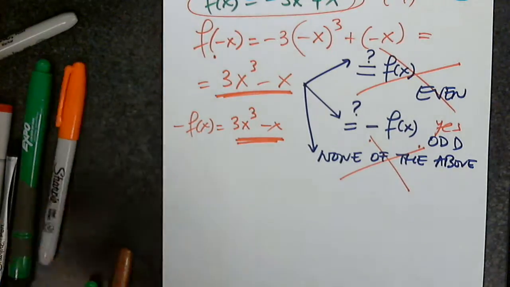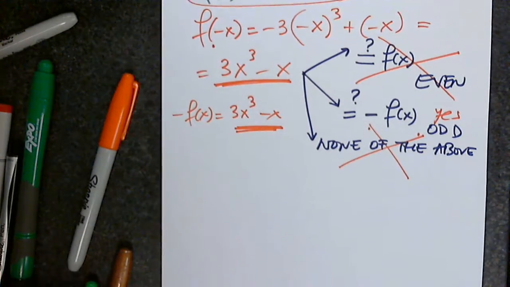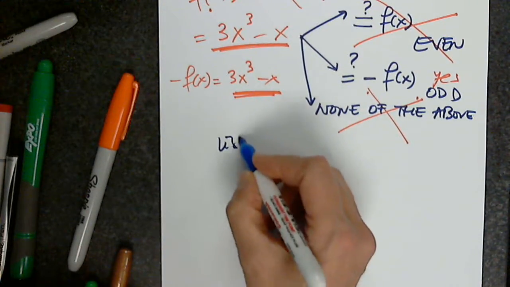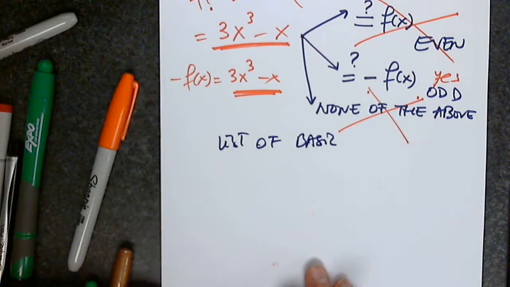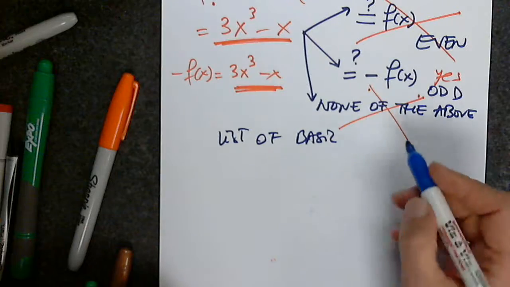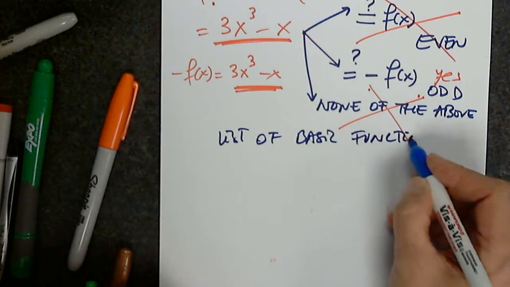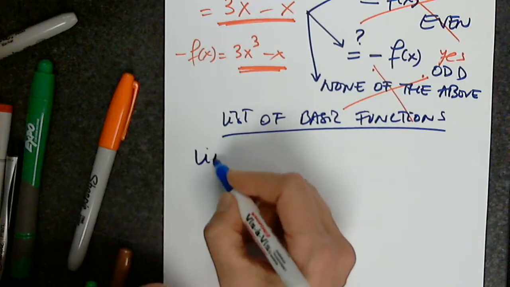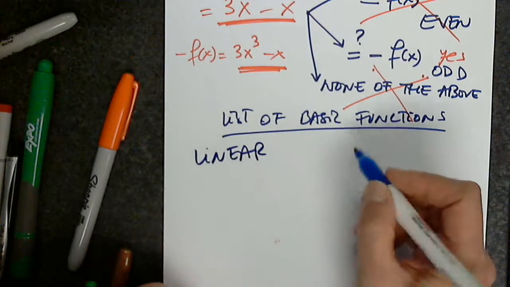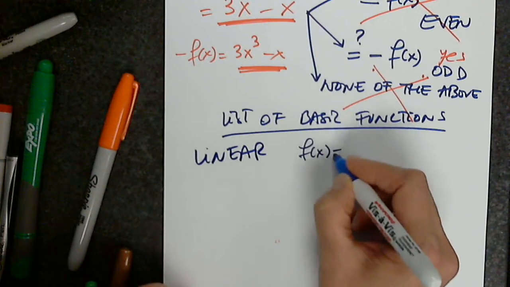Okay, now let's finally list those functions. So the list of basic, which means the easiest, the simplest possible, basic functions from many categories. So linear. You already gave me f of x equals x.